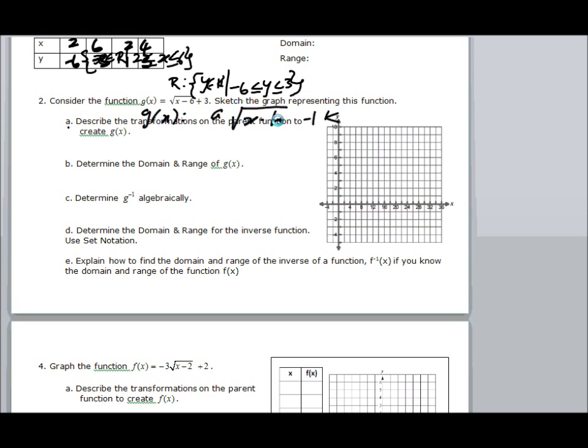Remember that? So the idea is to compare this function with this so that we can get the starting point. The starting point is h, k, and in this case it is 6 and 3.